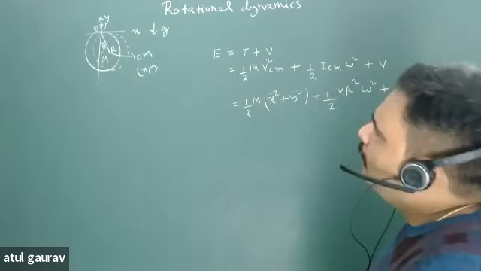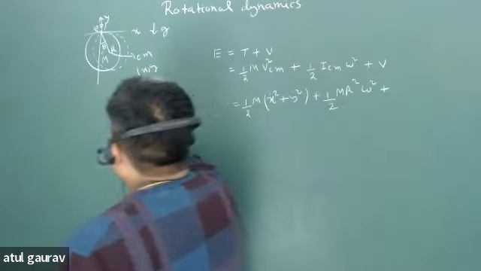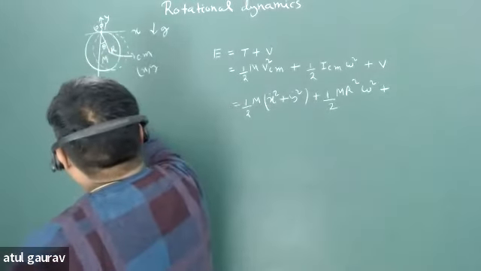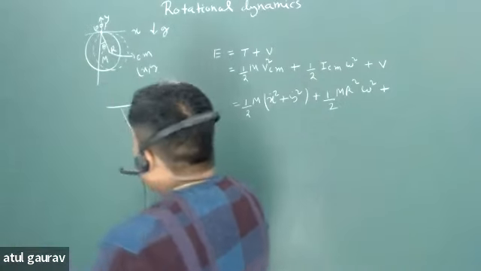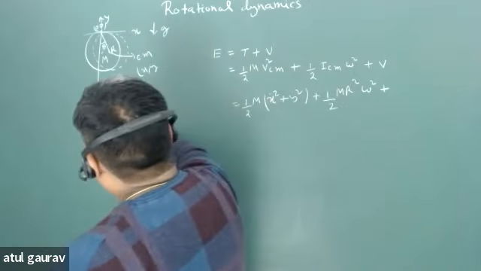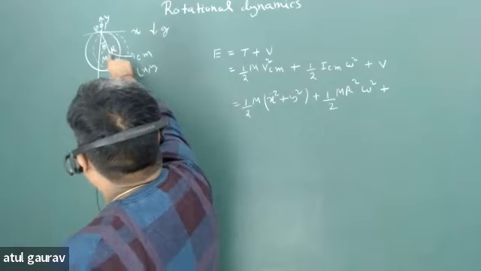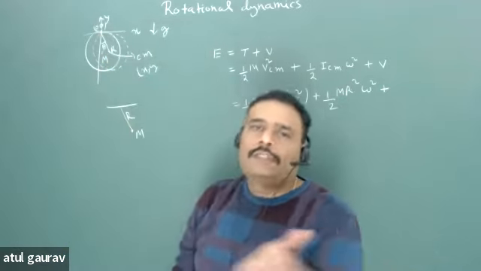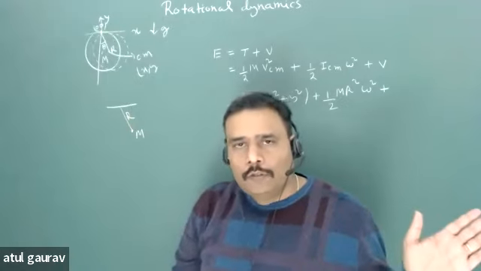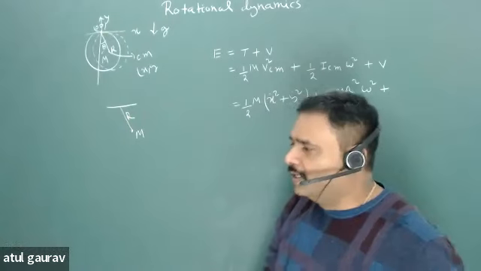And what will be V? If we are talking about the potential energy, we have to convert everything into a simple pendulum, and this pendulum has length r and mass m. For the potential energy, you just have to see how your center of mass deviates in the gravitational field.